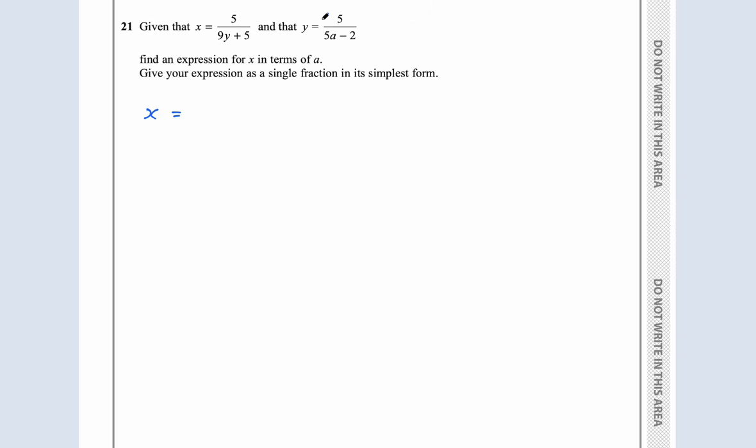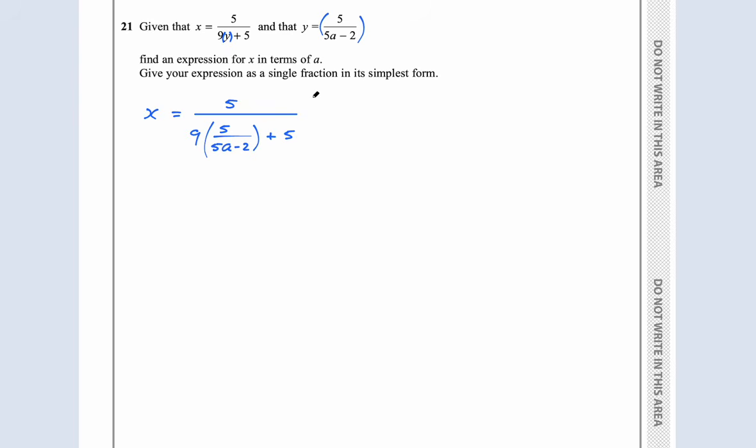So instead of y, I'm going to sub in that. So instead of this y, I'm going to put 5 over 5a minus 2. So x is 5 over 9 times 5 over 5a minus 2 plus 5.